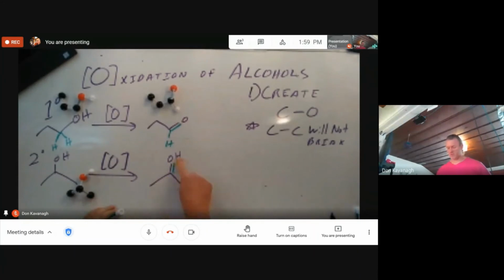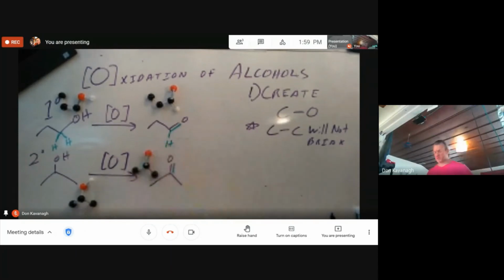I'm going to erase one of these hydrogens here. So sticking with that pattern of creating a carbon-oxygen bond and then accounting for some of the common patterns that atoms seem to bond, we're getting some quick answers here. And this is a model kit showing that secondary alcohol forming what's called a ketone.